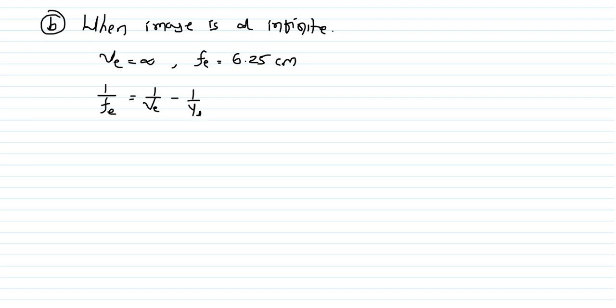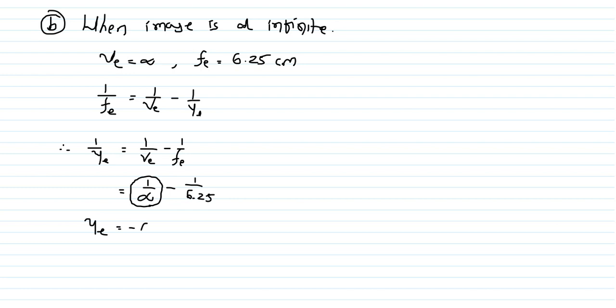Therefore 1 upon UE is 1 upon VE minus 1 upon FE. Now substitute the value: 1 upon infinity minus 1 upon 6.25. So 1 upon infinity will be 0. Therefore UE is equal to minus 6.25 centimeter.